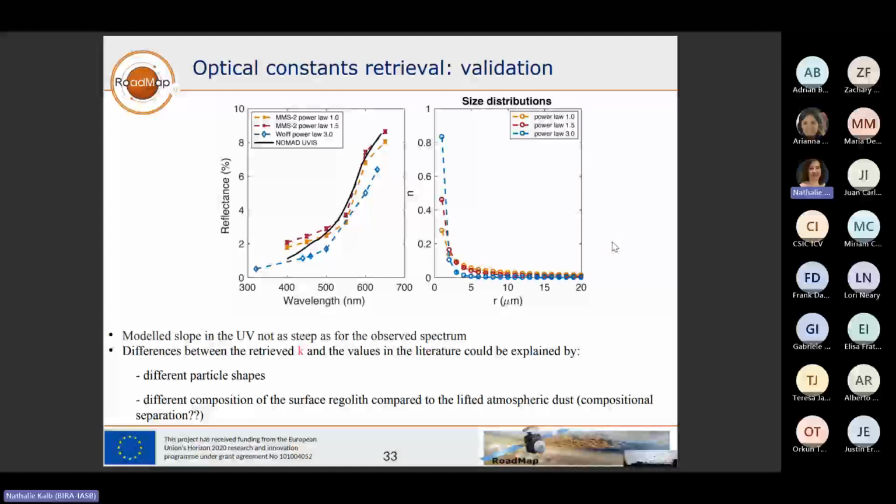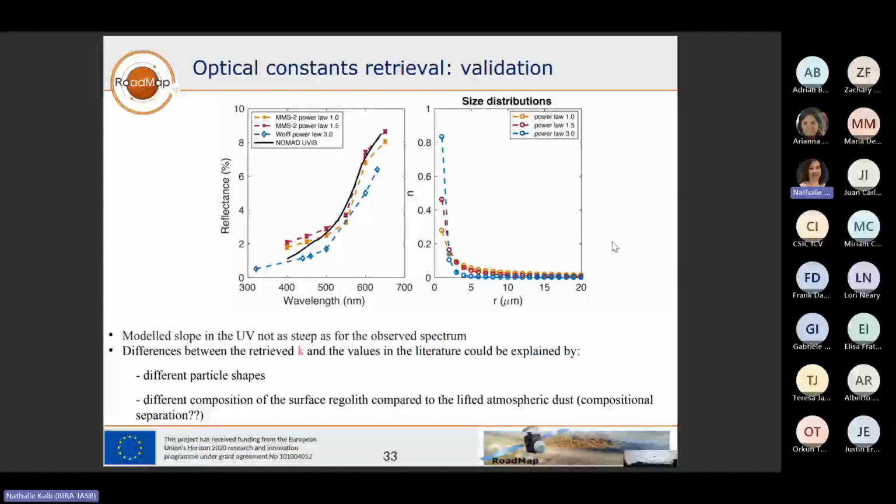So here you can see the black curve again is the observed NOMAD spectrum, and then the red one is our modeled values using a power law index of 1.5. And then the blue curve is the values in the literature, and we used a power law index of 3.0.